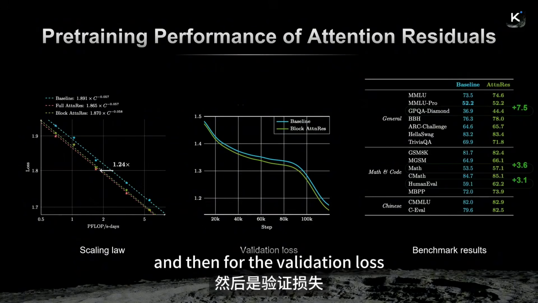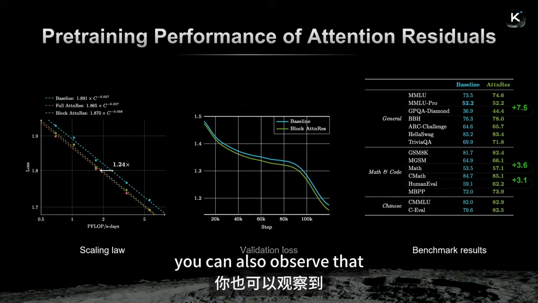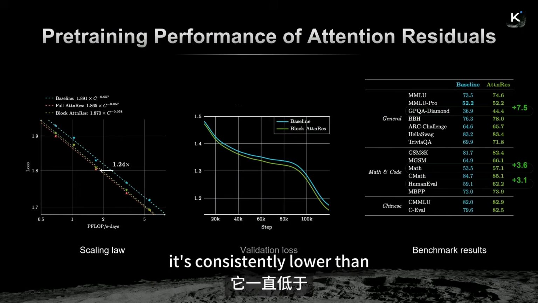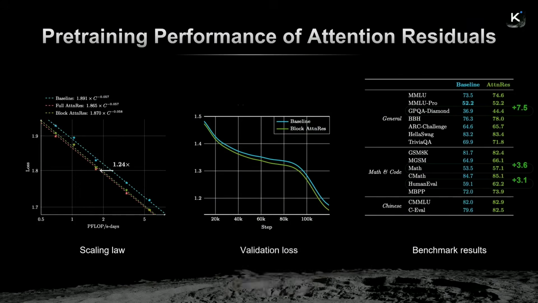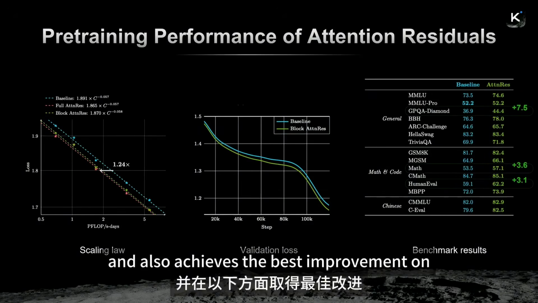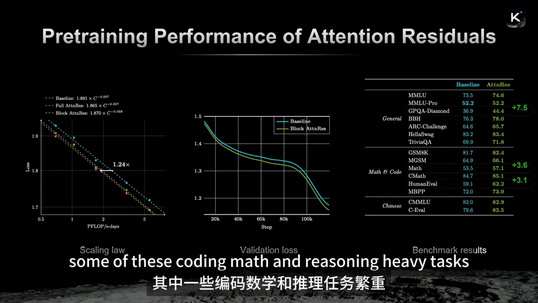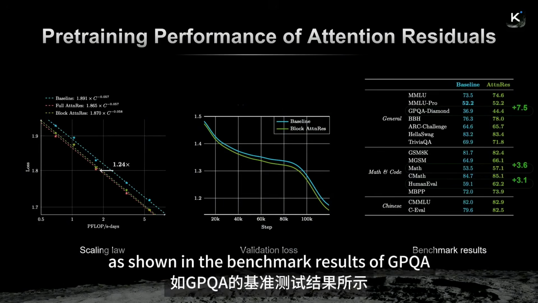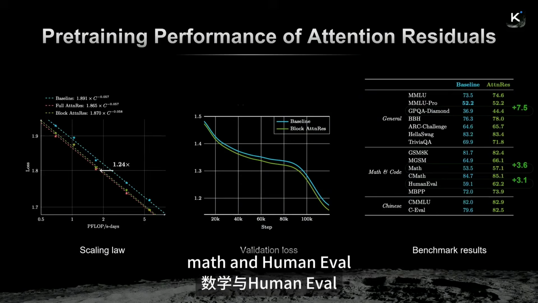And for the validation loss, you can also observe that it's consistently lower than the original curve, demonstrating stability across optimization, and it also achieves the best improvement on coding, math, and reasoning-heavy tasks, as shown in the benchmark results of GPQA, math, and HumanEval.